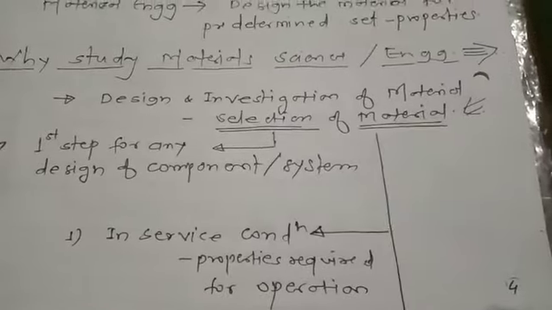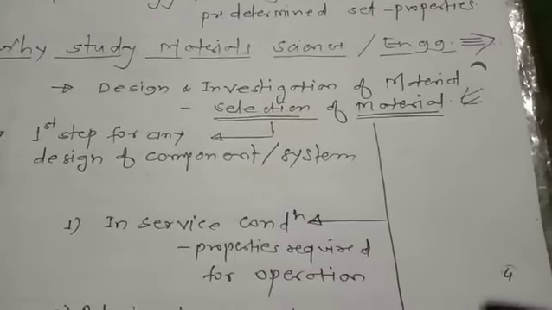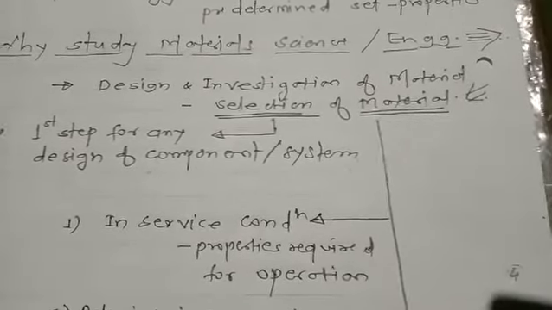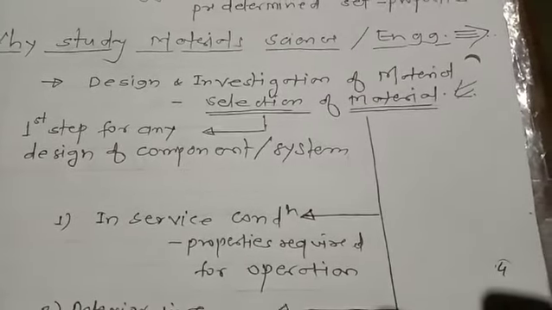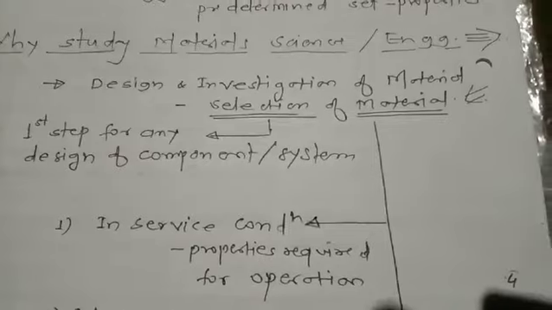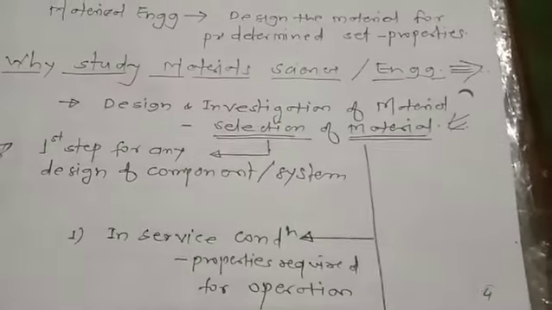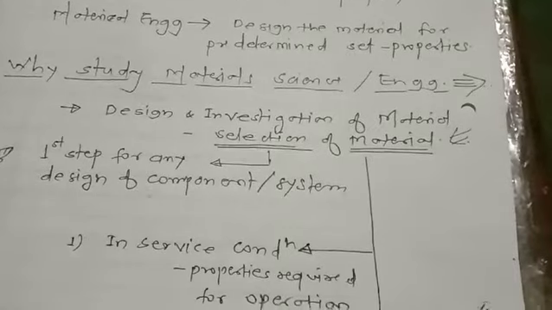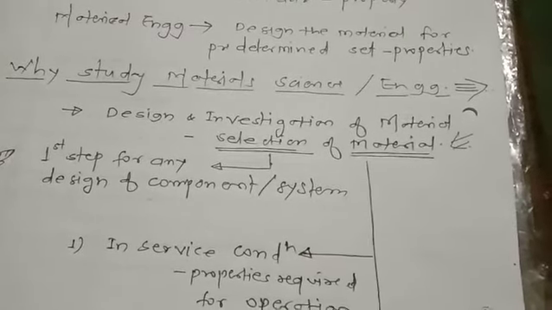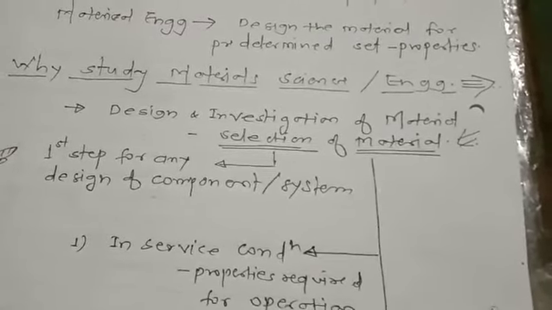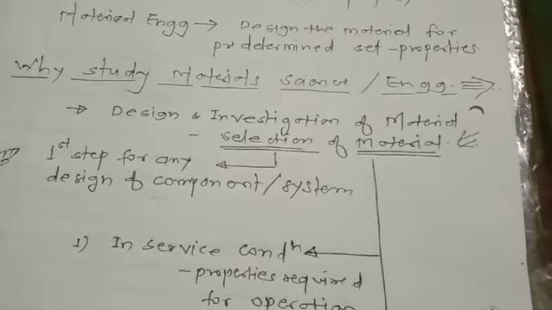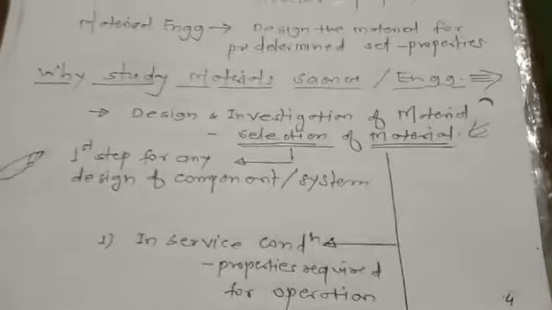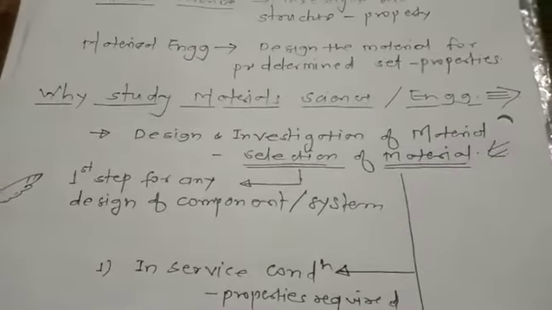What properties are required for the particular application will give you the direction on which material is suitable for it. So always remember, the selection of the material is a basic step while designing or developing different systems, and it depends on what properties we require.